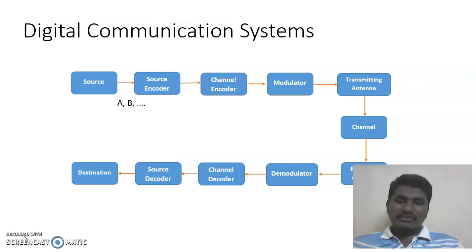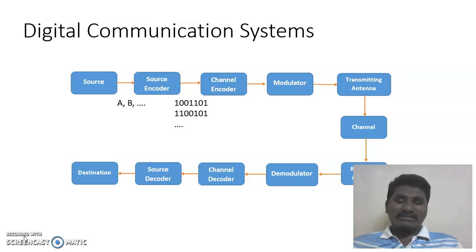So here I have shown A, B and so on as the discrete information that was generated by the source. And the source encoder: what we have generated so far from the source is just discrete levels. So we have to convert it into binary by assigning a different binary sequence to each and every discrete information. Here we are converting A into 1001101, B into 11001001.